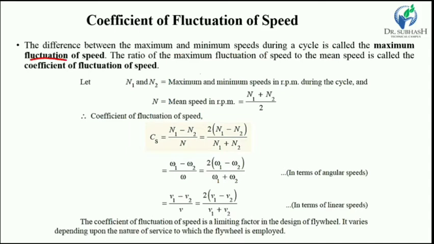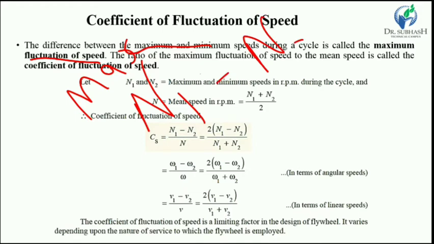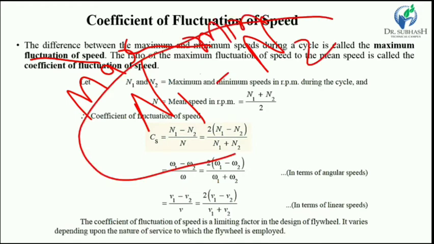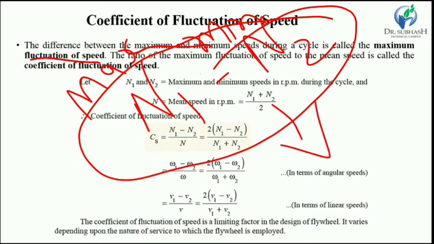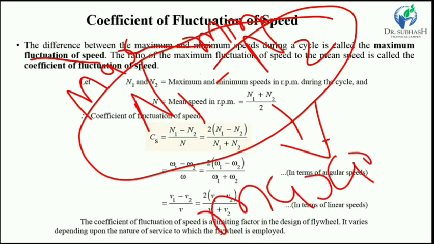So we get it through the difference N1 minus N2, where N1 is the maximum and N2 is the minimum speed.